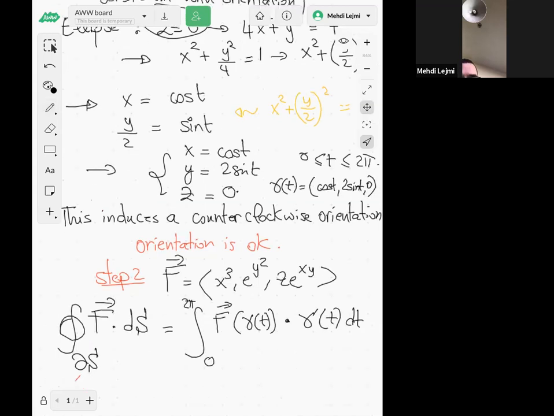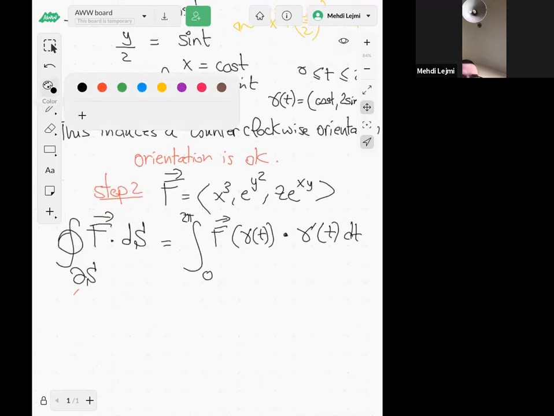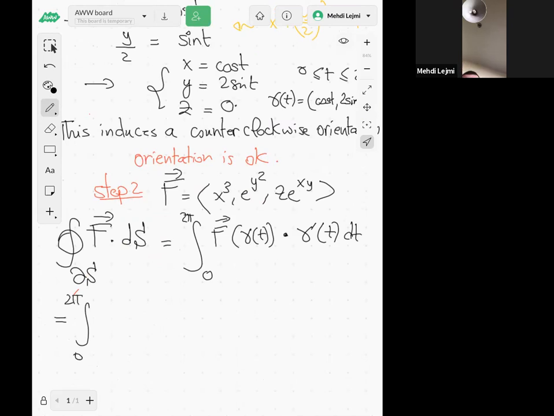Now F of gamma of t is going to be very complicated. Along gamma, x is cosine and y is 2 sine. So that's cosine cubed of t, e to the 4 sine squared of t, and z is 0 along the path gamma, which is perfect.